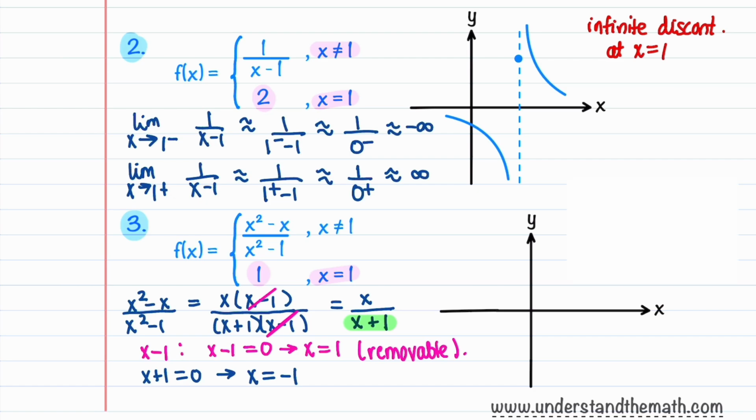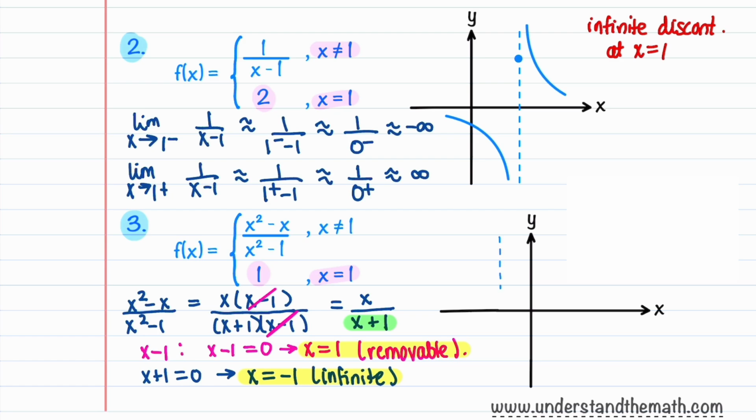Let's go down here to the bottom and write down that at x is equal to negative 1, we have an infinite discontinuity. And I'm going to highlight these answers. We have a removable discontinuity at x is equal to 1, and we have an infinite discontinuity at x is equal to minus 1. Let's go ahead and graph this function just so that we can better understand this.